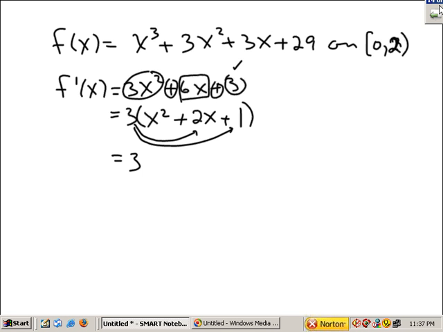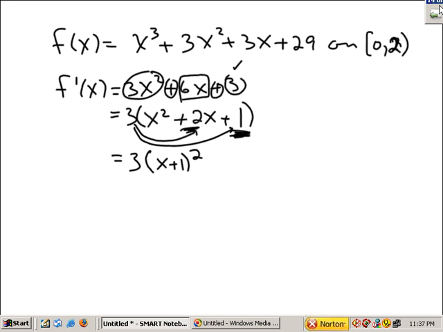And then within the brackets, I can factor. Two numbers that multiply to plus 1 and add up to 2: 1 and 1. So it's x plus 1 times x plus 1, or x plus 1 squared.